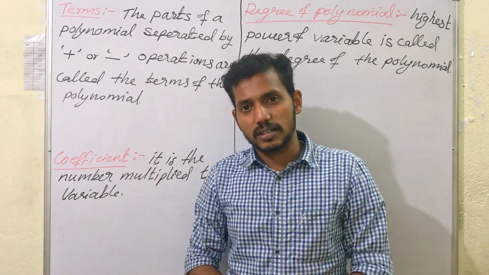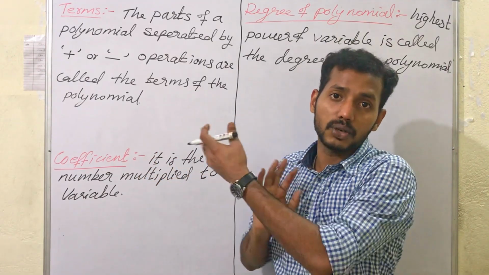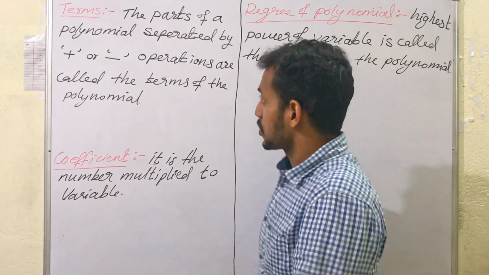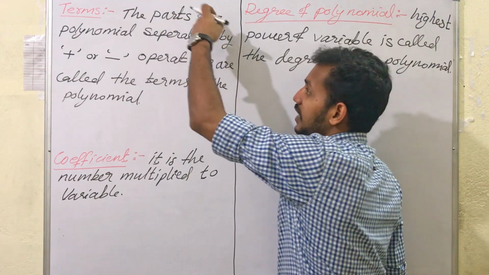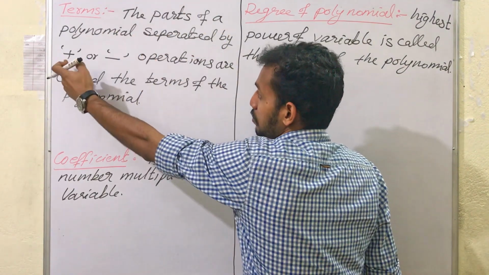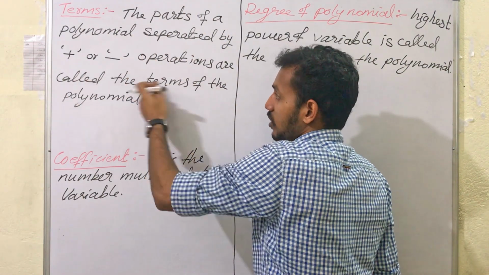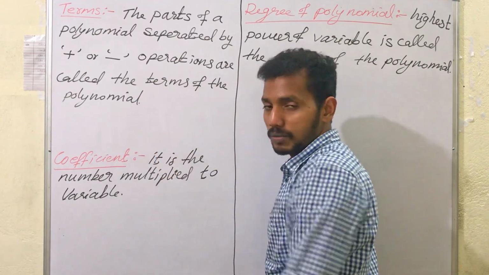Now let's discuss some terms related to polynomial. First, the terms. The parts of a polynomial separated by plus or minus operation are called the terms of the polynomial.